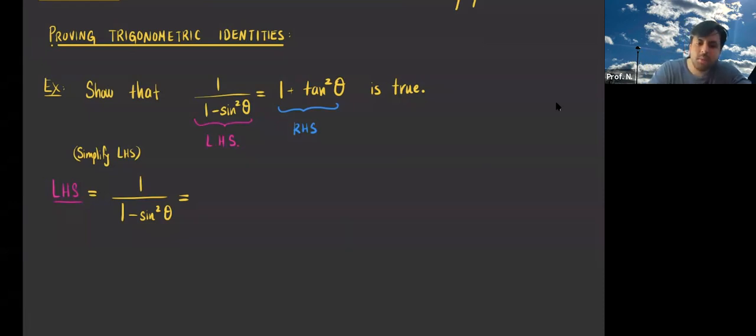So does anybody know, what does 1 minus sine squared equal? Cosine squared. Thank you, Tiffany. Very good. So this is 1 over cosine squared theta, right? So remember, you have to remember these things. Recall that 1 minus sine squared theta equals cosine squared theta. So remember that.